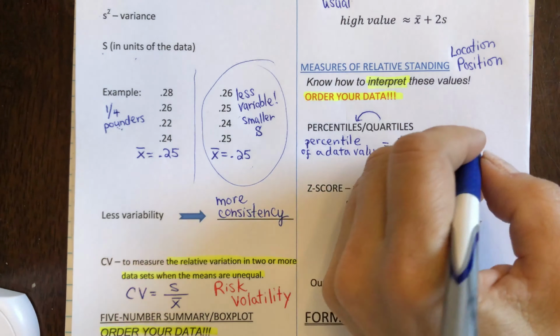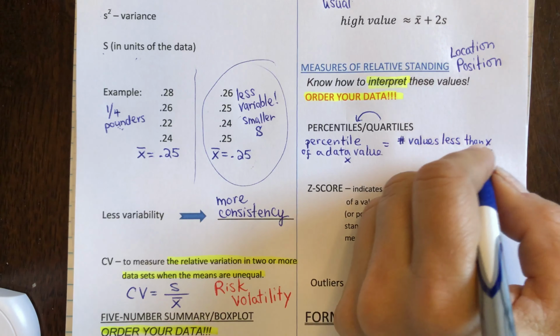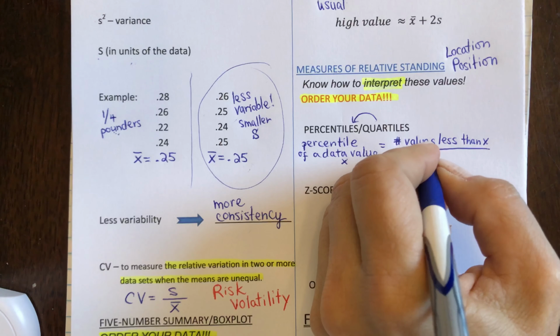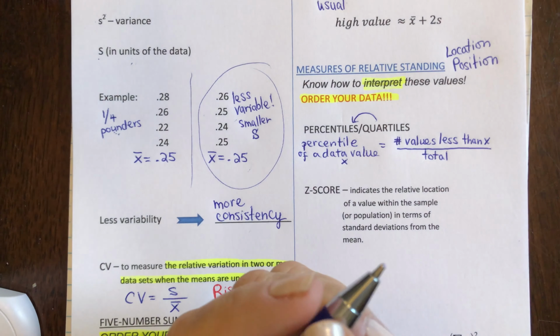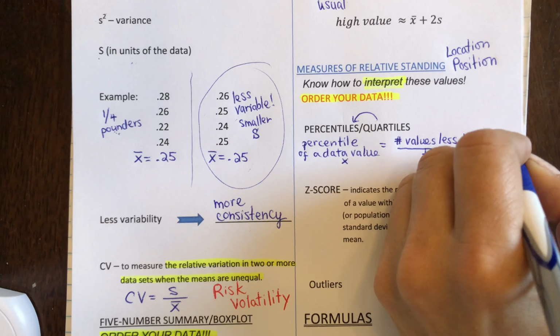Let me write X, okay? So let's call this a data value X, divided by the total number of values, or N, the total number of values in your data set, and then you'll multiply that by 100, okay?